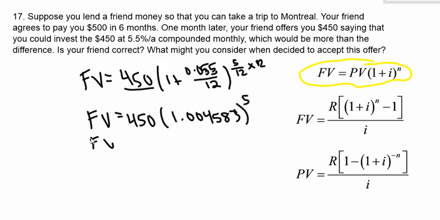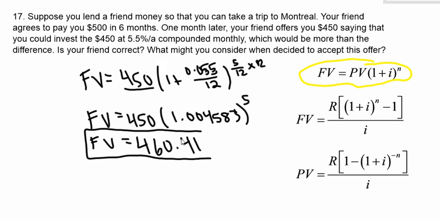So if we just do order of operations, it's 450 times, so I need to do the exponent first: 1.004583 to the exponent 5, and then multiply that by 450. I will have this much money in the account, $460.41.